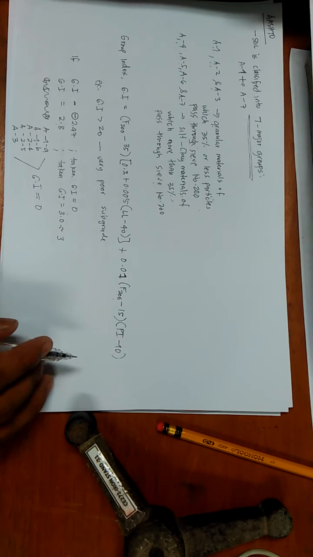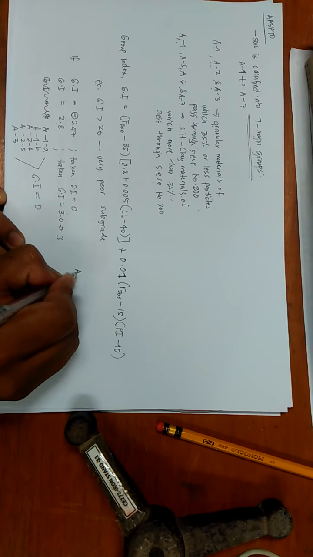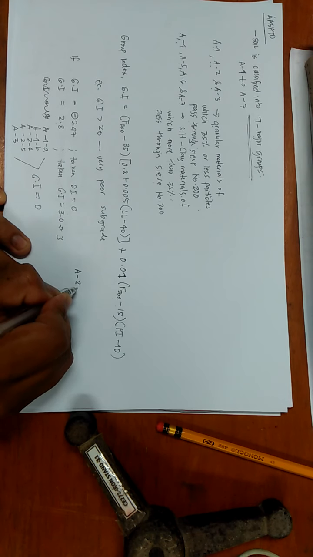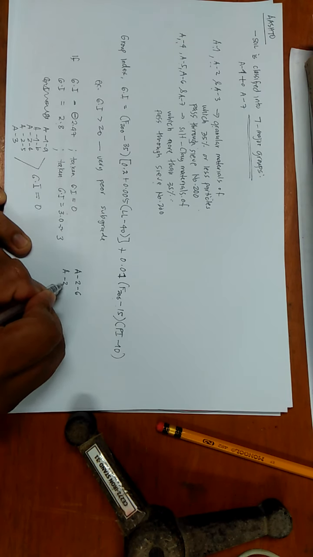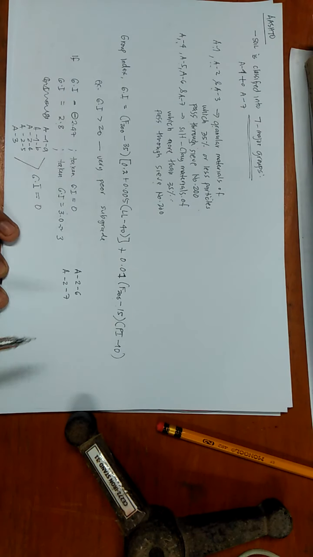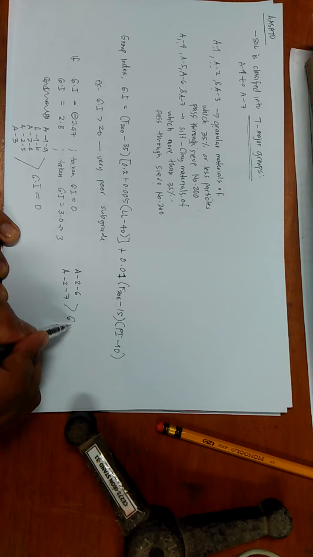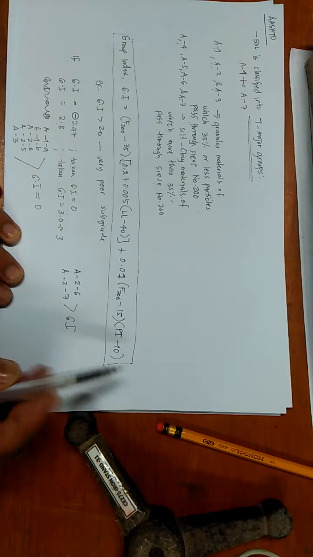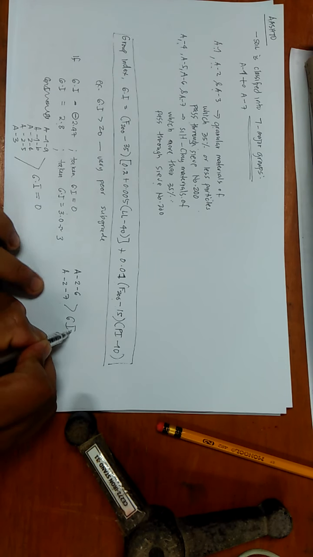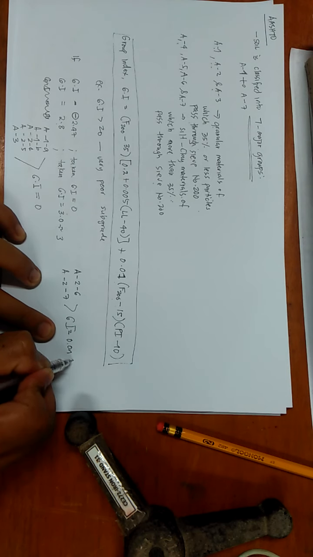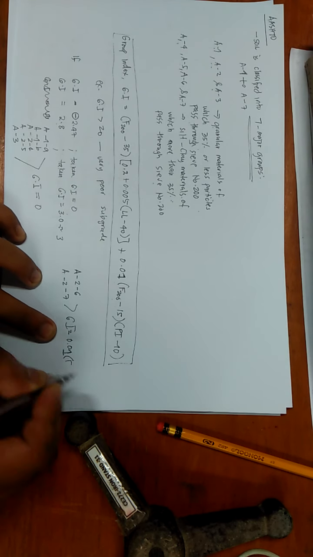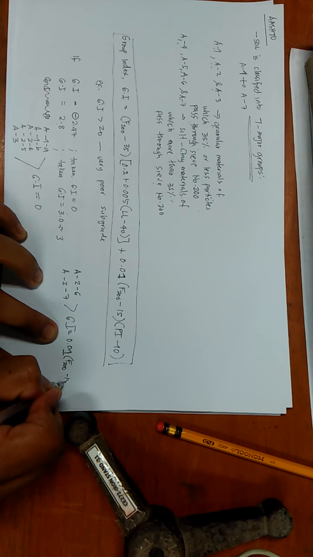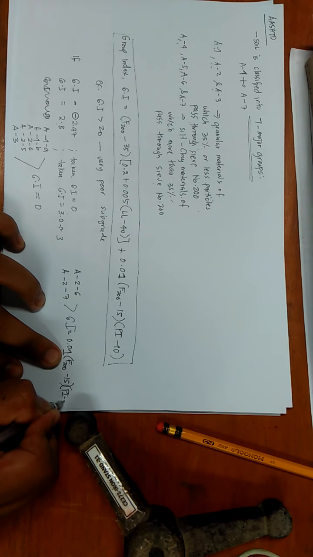So, sir, how about if my soil classification lies at A-2-6 or A-2-7? Take note, kapag ang soil mo na-classify sa A-2-6 and A-2-7, ang gagamitin mong GI formula ay hindi na itong mahaba. Rather, your GI is equal to 0.01 times (F sub 200 minus 15) times (PI minus 10).